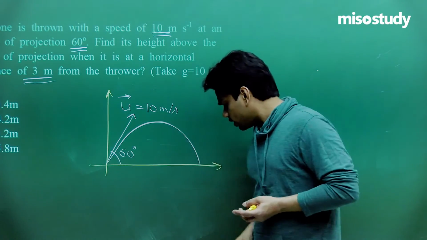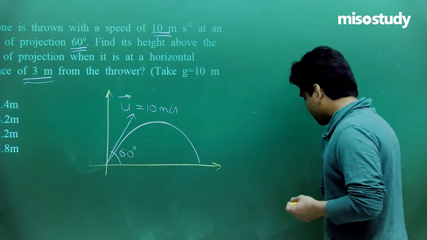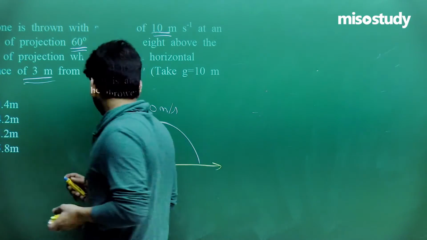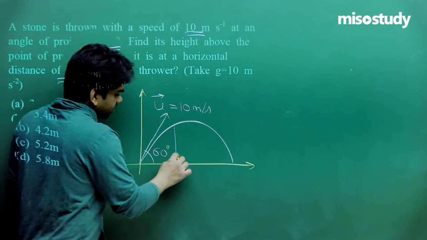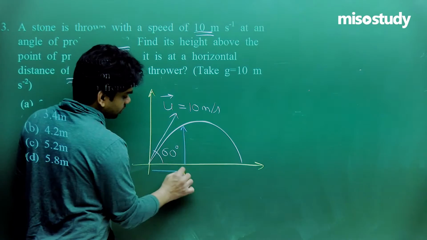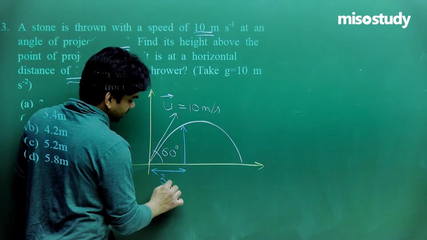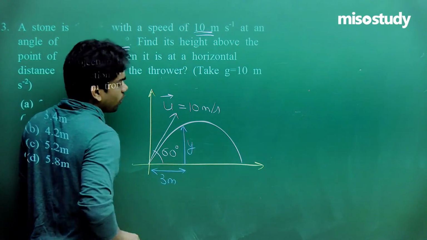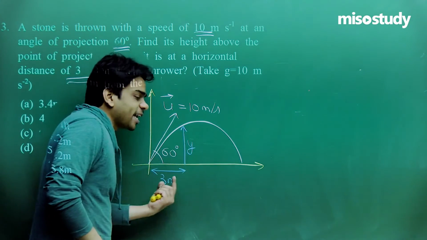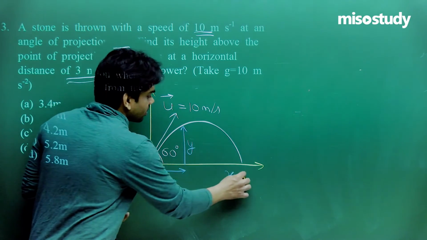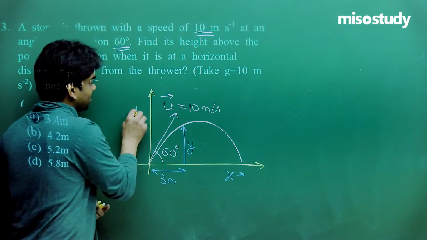So let me show you in the figure: the vertical displacement is this, when the horizontal displacement is 3 meters. We want to find out the value of y. Now this is the x-axis displacement, and here we are depicting the y-axis displacement.